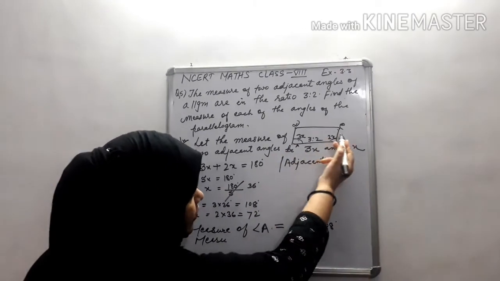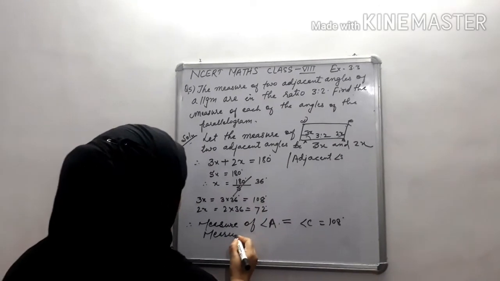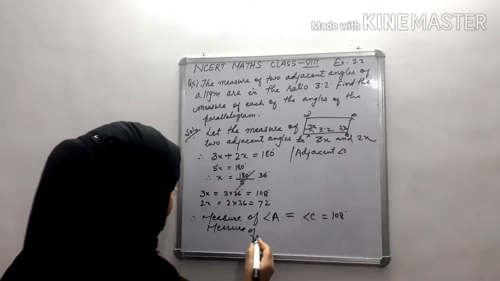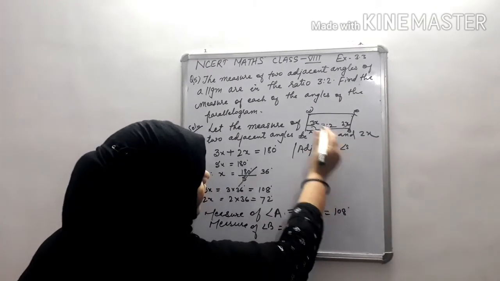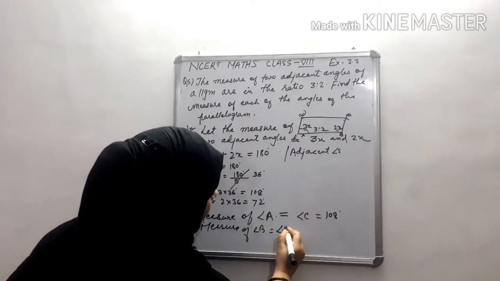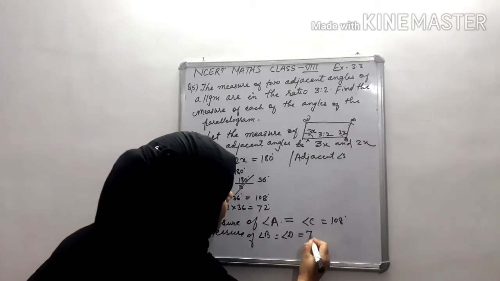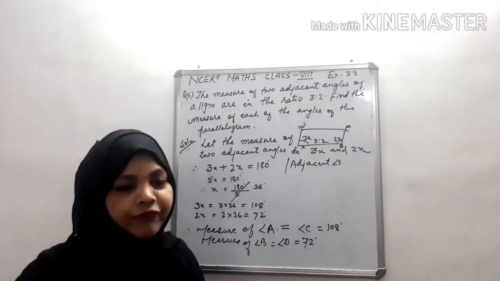And angle A is equal to angle C, that is also equal to 108 degree. And measure of angle B, which is 2x, जो कि 2x है. And this measure of angle B is 2x and the value of 2x is 72 degree. This is the answer of question number 5.